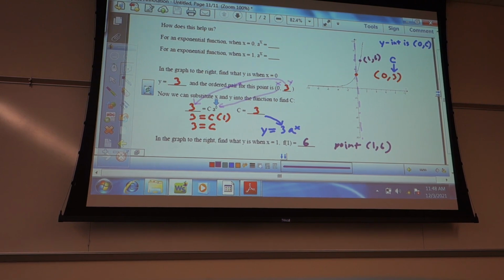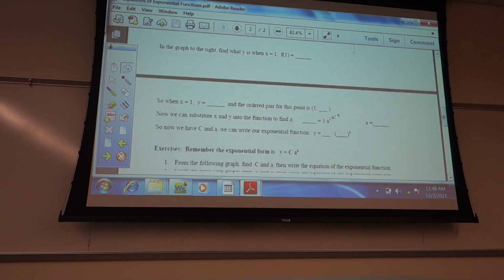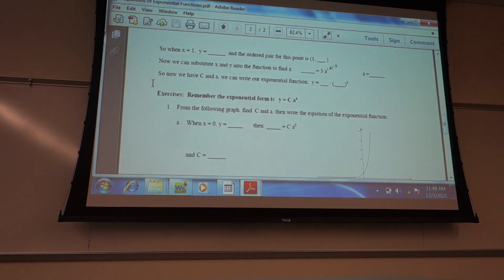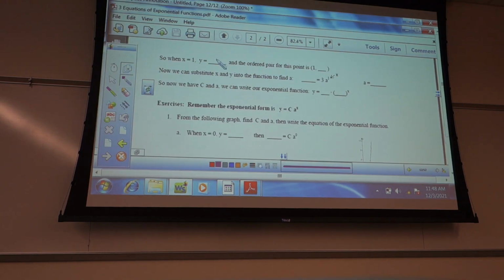Okay. So now, flip the page. When x is 1, y is 6. The ordered pair for this is 1, 6. So now we can substitute those in. x is 1, y is 6.